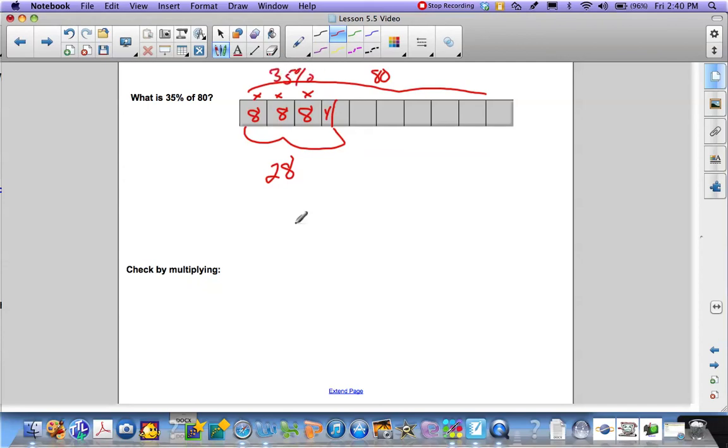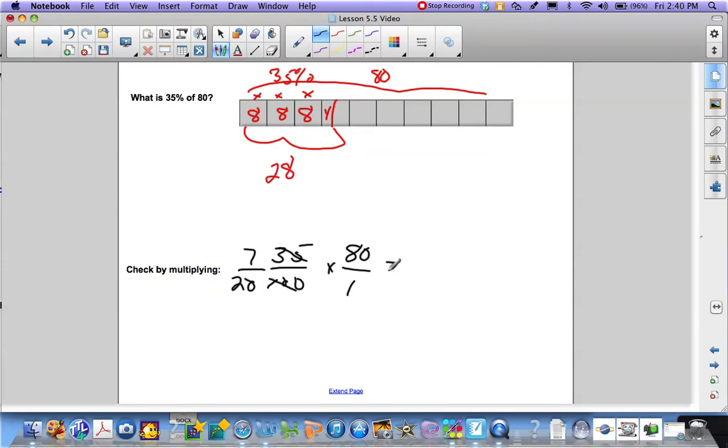Now let's check it by multiplying. 35% is 35 hundredths times 80. I'm going to divide by 5. 35 divided by 5 is 7. 100 divided by 5 is 20.